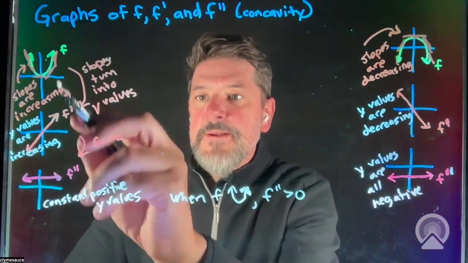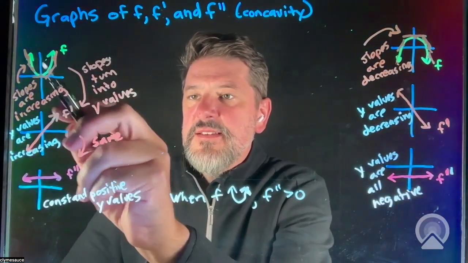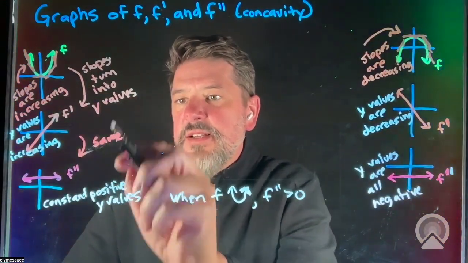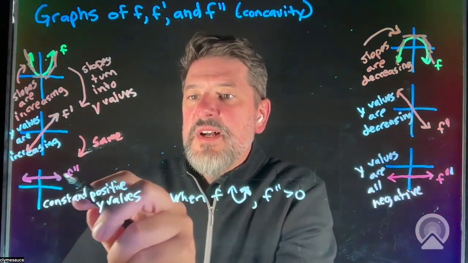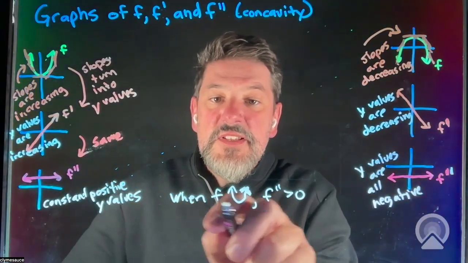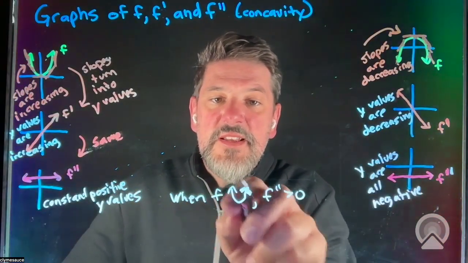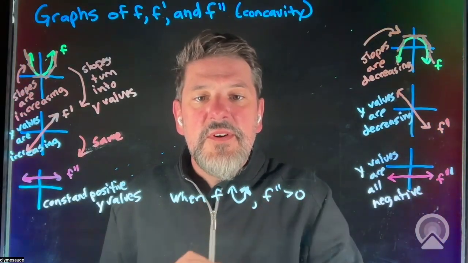Just like our example here, we just showed that if this looks kind of like a quadratic or parabola, f prime prime has to be positive. All the y values have to be positive here because of the way f prime looks. So this is always going to be true. So when f is concave up, f prime prime will always be greater than 0.